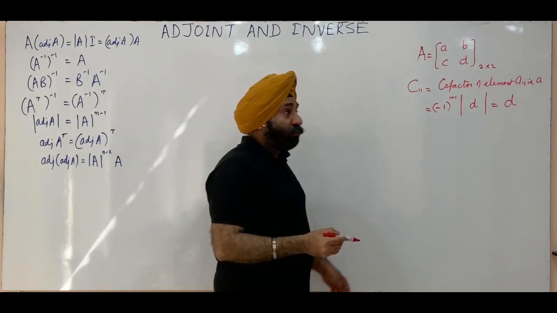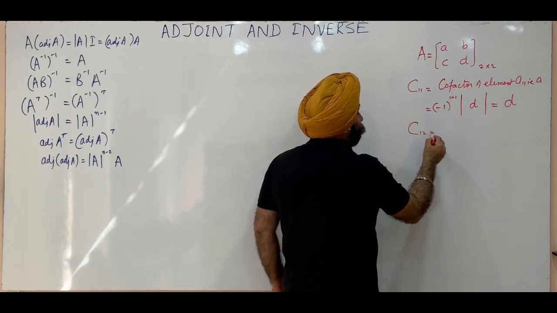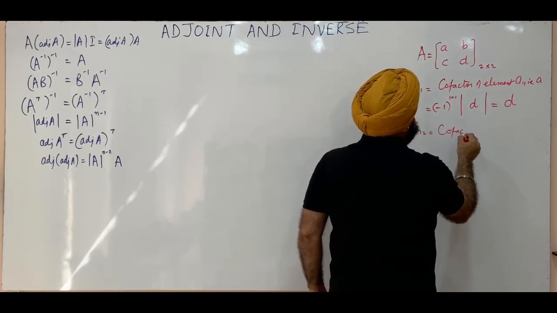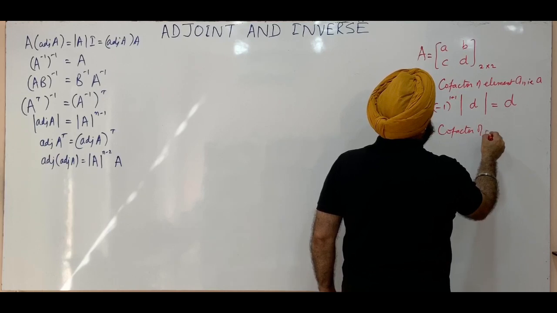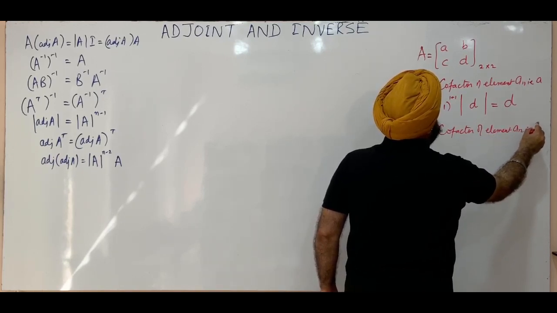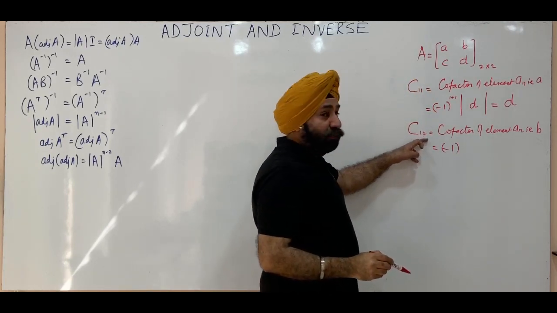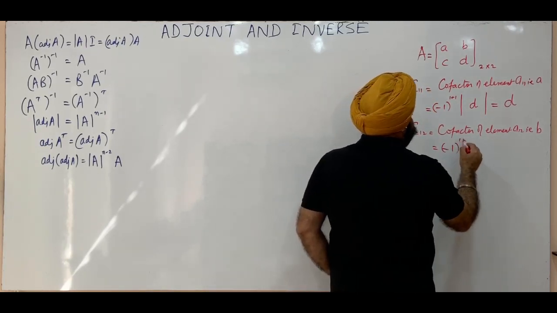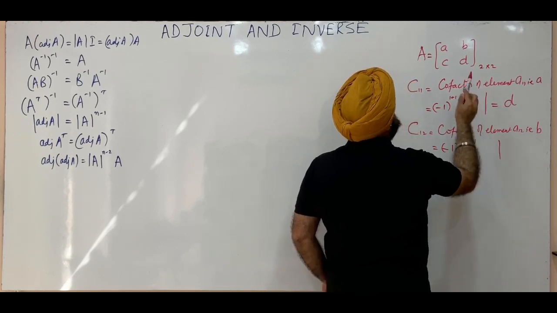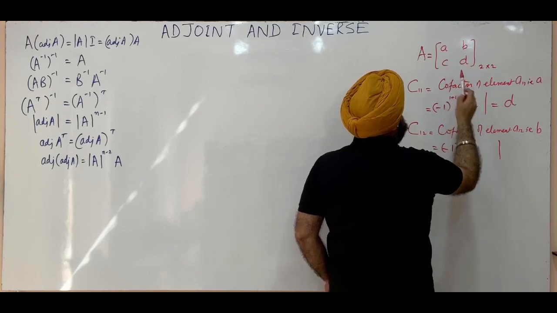Similarly, we can find out cofactors of the remaining elements of the matrix. C12, that's the cofactor of element a12, that's b. And this is minus 1 raised to 1 plus 2 into the determinant, leaving the row containing b and the column containing b.